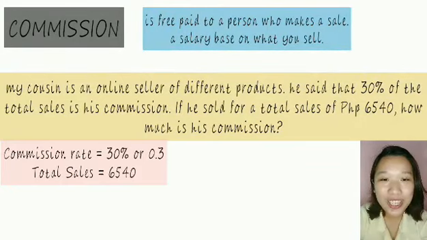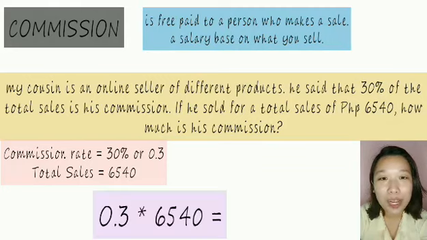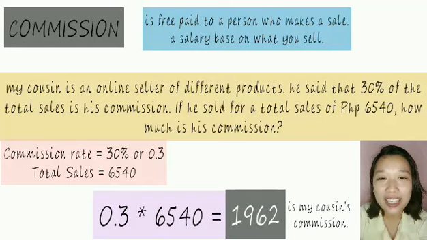The commission rate is 30%. We change it into a decimal, which becomes 0.3. We multiply it by the total sales, 6,540, so it equals 1,962. That is my cousin's commission.